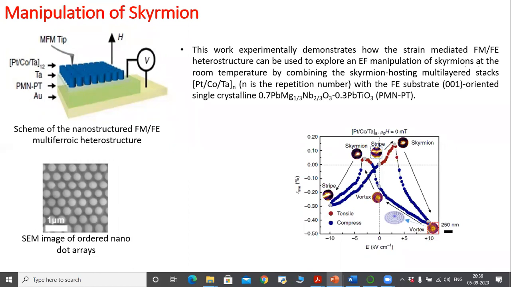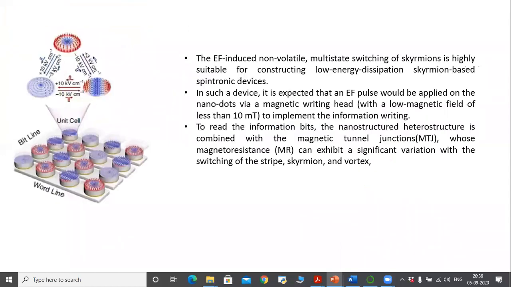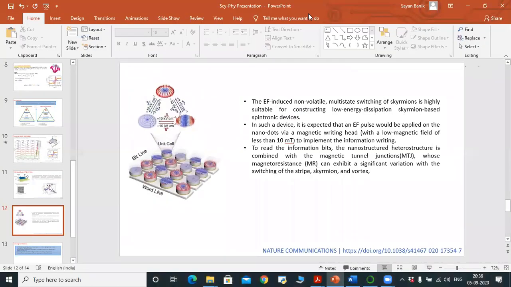So he is asking, can you please compare the energy expenditure to encode skyrmions into the material to the technological standard nowadays? Please read out the question one more time. You can see it in the chat box.